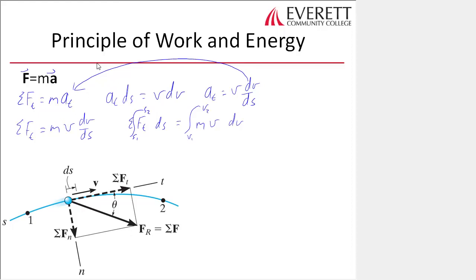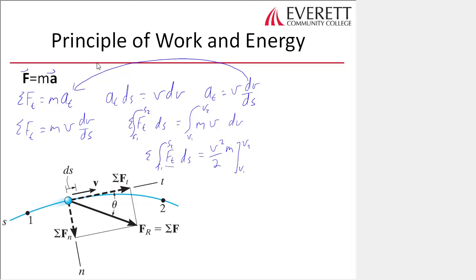Okay, so we end up with the sum, the integral of tangential force, ds, from S1 to S2 is equal to V squared over 2 times m from V1 to V2. So now we've got, well, what is Ft?